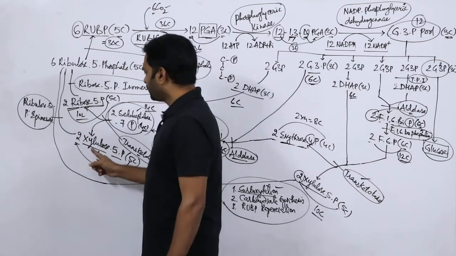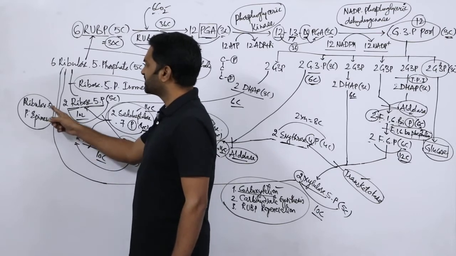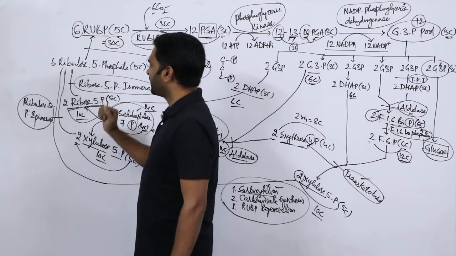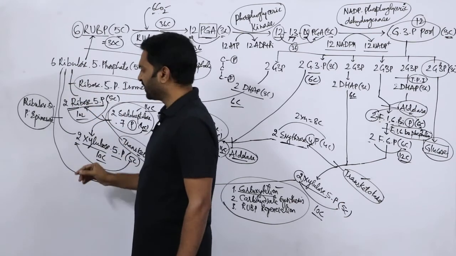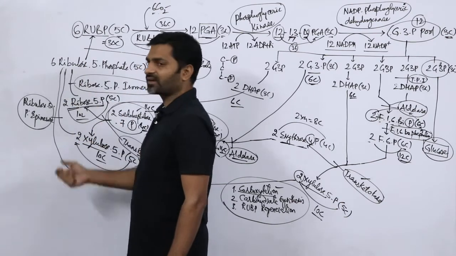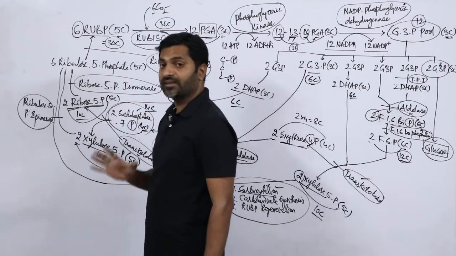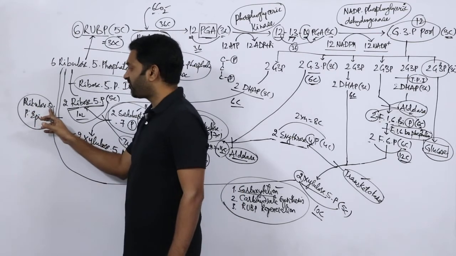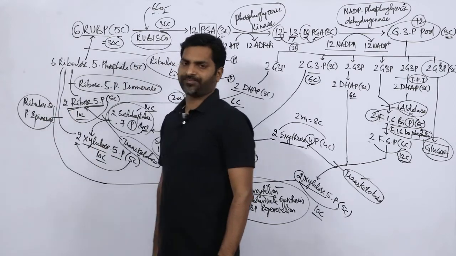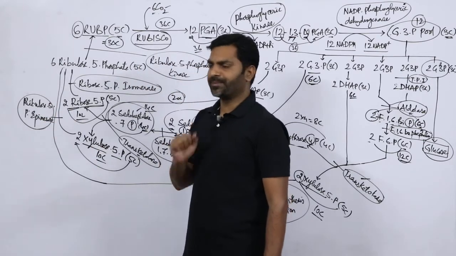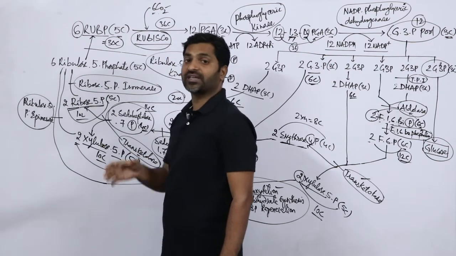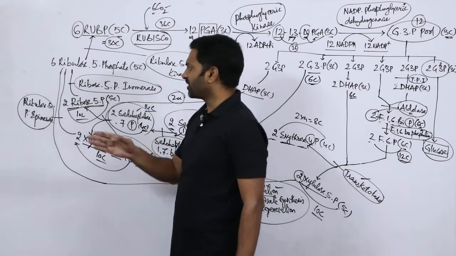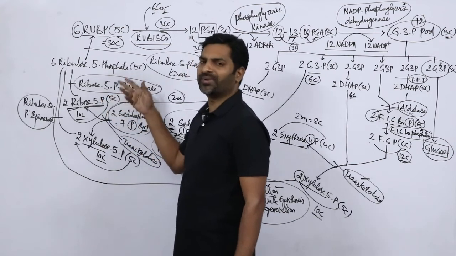Now xylulose 5-phosphate is converted into ribulose 5-phosphate. Ribose 5-phosphate is also converted into ribulose 5-phosphate. Xylulose is converted into ribulose 5-phosphate in the presence of ribulose 5-phosphate epimerase, whereas ribose 5-phosphate is converted into ribulose 5-phosphate in the presence of ribose 5-phosphate isomerase.